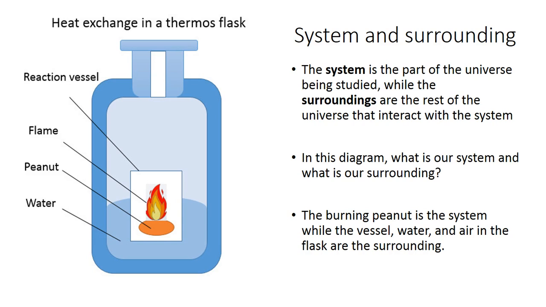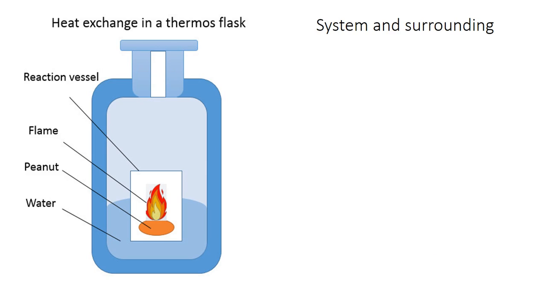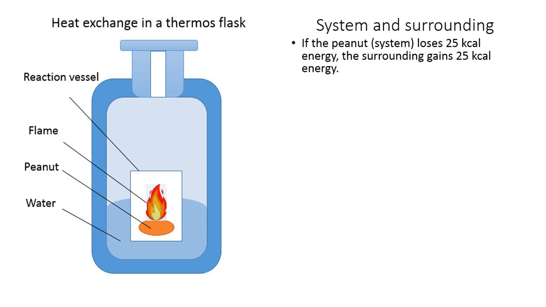So whenever we have a system, what we are interested in, there is always the surroundings. In terms of energy, if the peanut loses 25 kilocalories of energy, the surroundings will gain the same amount of energy, because energy is neither created nor lost.